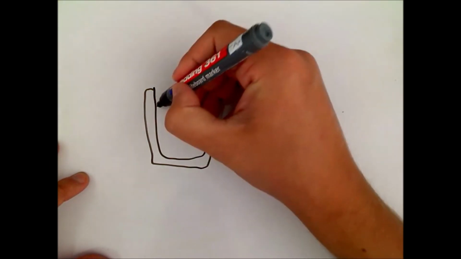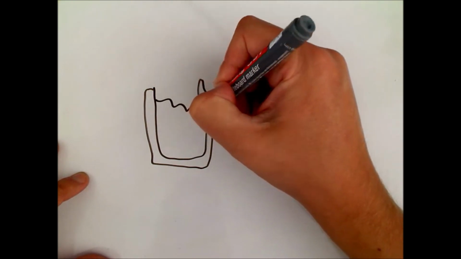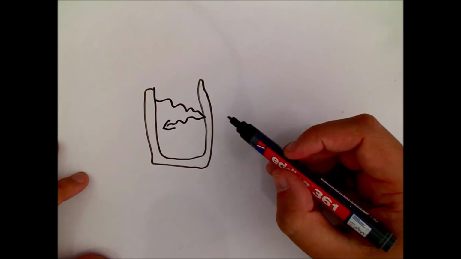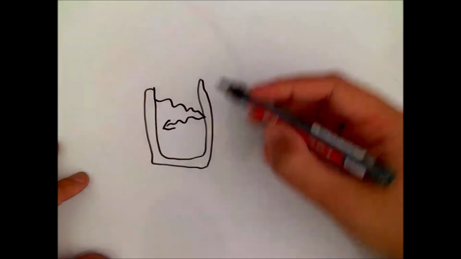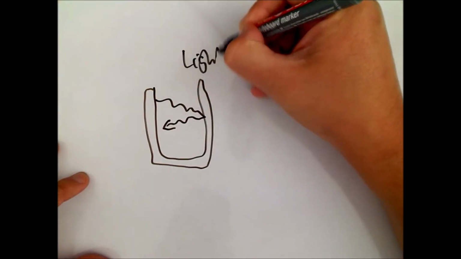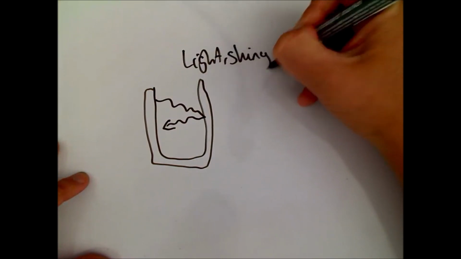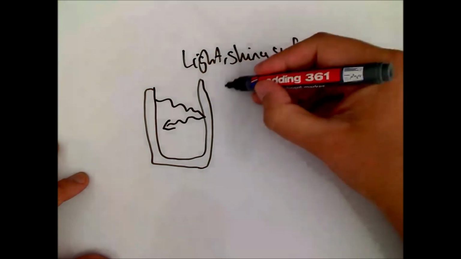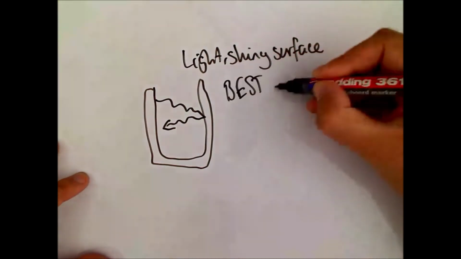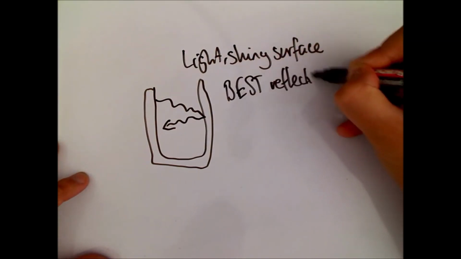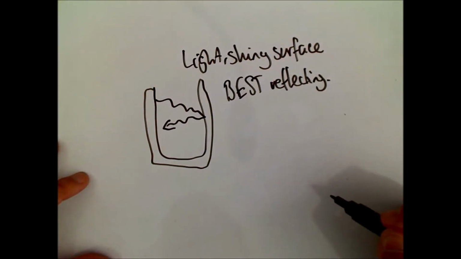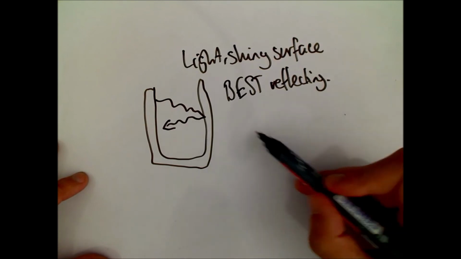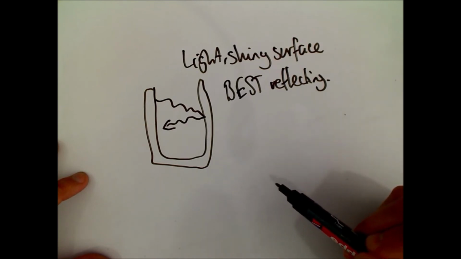That light shiny surface is really good for making the radiation just bounce off the side and reflect. So a light shiny surface is the best at reflecting that radiation off. If you've seen tin foil used in cooking or in the kitchen, that's reflecting all of the heat back to keep things warm.